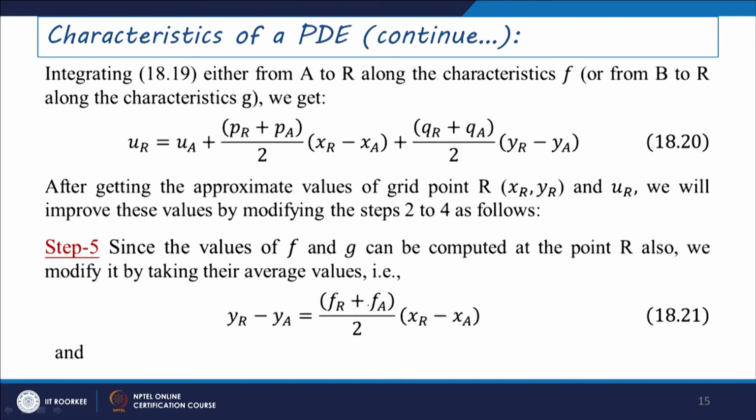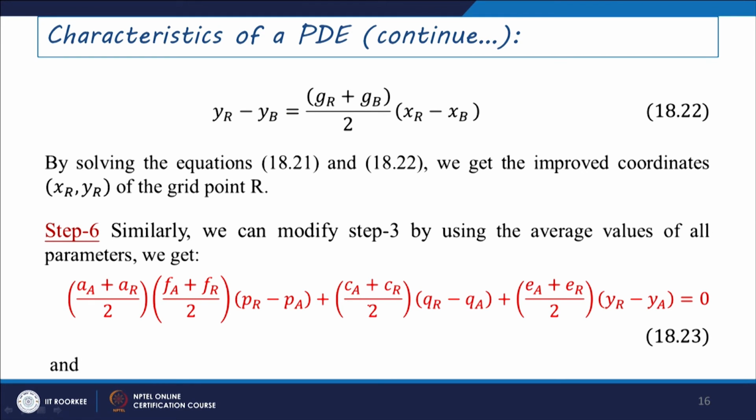So, we can just write this one as A plus AR by 2 into FA plus FR by 2, since both these functions we have just written in step 3 here, that is like A FA PR minus PA plus CA QR minus QA plus EA YR minus YA, this equals 0.